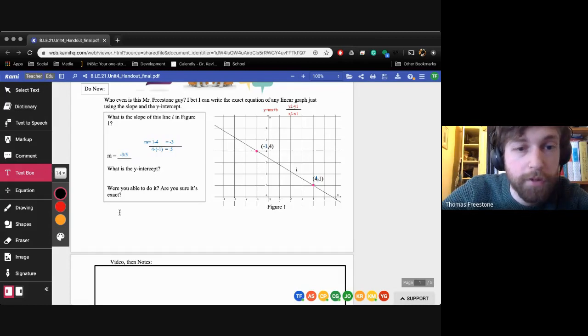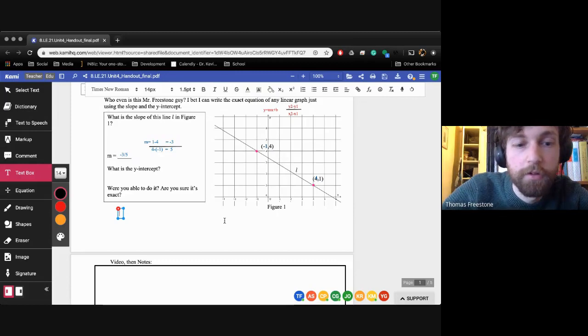So we have y minus y1 equals m, which is negative 3/5, times x minus x1.